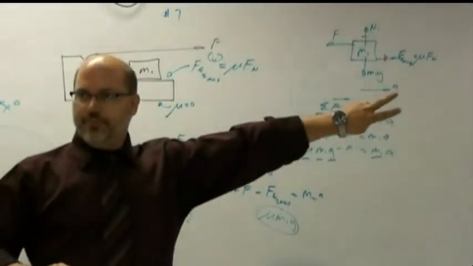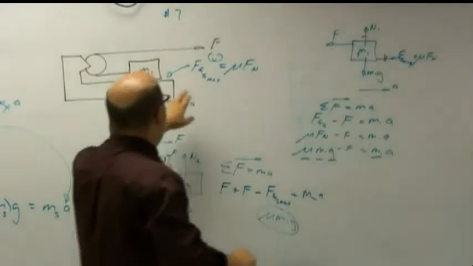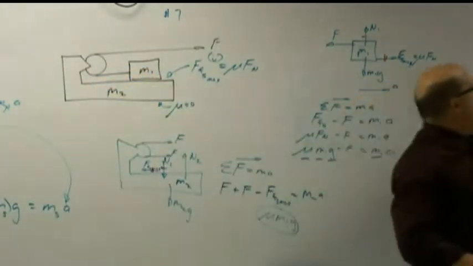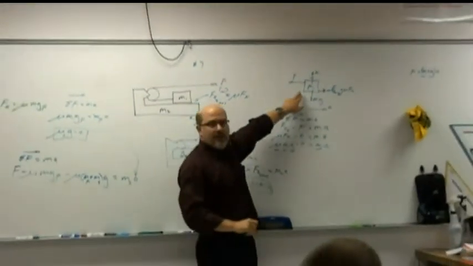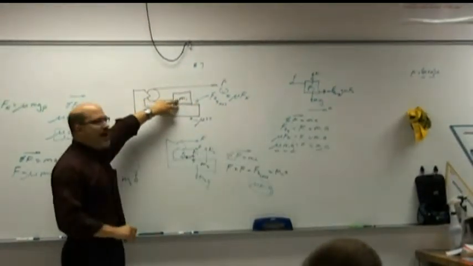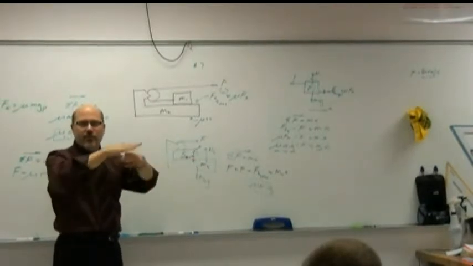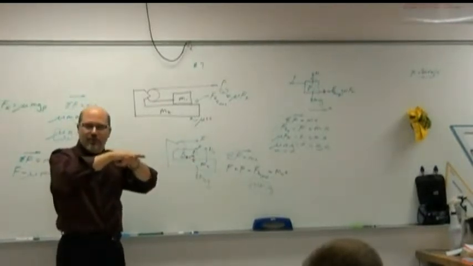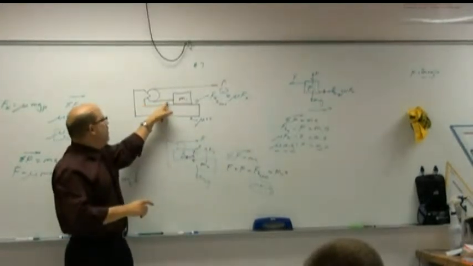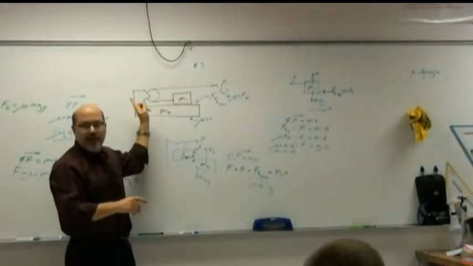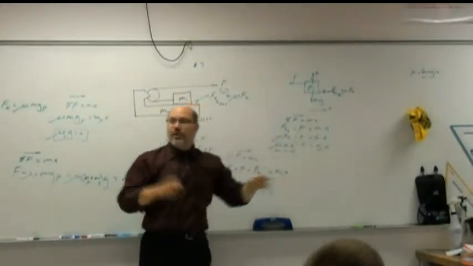The question was, is this A the same as the A for this? And the answer is yes, because these two masses are not sliding relative to each other, they're both going to be moving that way. Even though this force is pulling this mass to the left, the friction is going to be bigger and they're all going to go off together, so they all have the same acceleration.